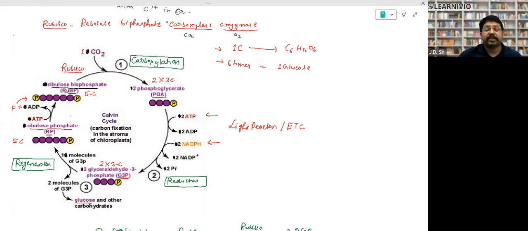If the carbon dioxide concentration is more, then this reaction will promote the fixation of carbon dioxide. If oxygen is more, then carbon dioxide fixation will not take place, right? Because it carboxylates and oxidizes both. So here the carboxylation is taking place because carbon dioxide concentration is more in the atmosphere normally.